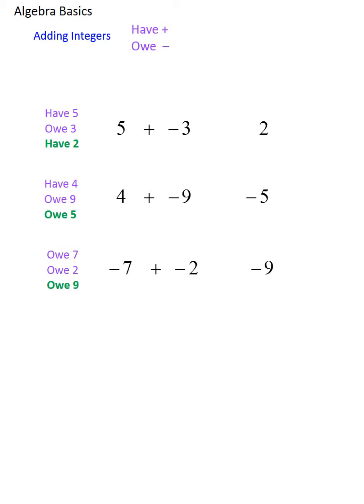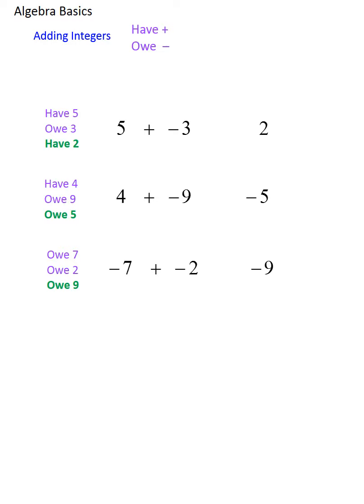Now, I particularly like this analogy for adding positive and negative numbers. Chances are you've heard tons of them, and every teacher has a different story to go with this kind of situation. These stories that we tell, including the having and owing analogy that I just shared with you, aren't real math.